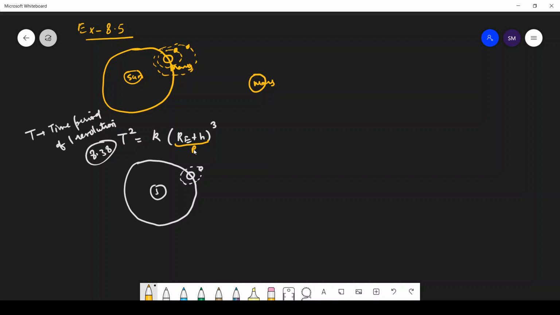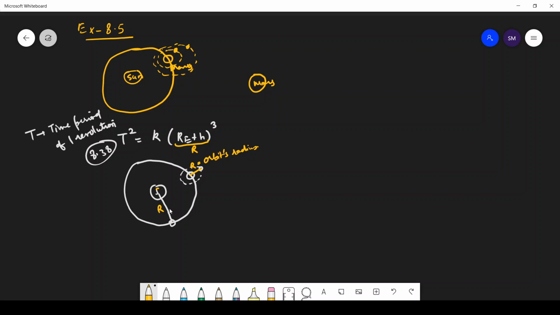RE plus H, I can also call it R. This distance is R. So that's the orbit's radius. And if I'm talking about the Earth, which is revolving around the sun, then this will be the orbit's radius. So we will have two situations here, students.